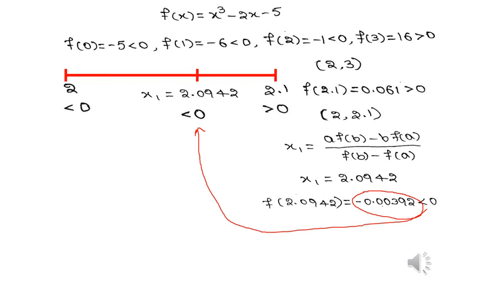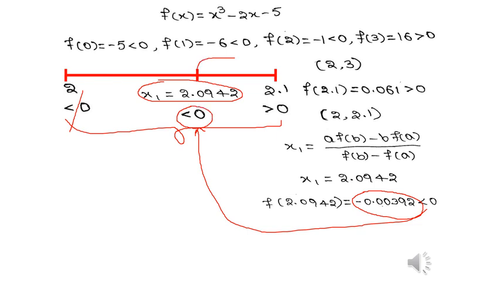Now we have to neglect one value and take only two values among these three values. So which should be neglected? Yes, this 2, for which the function value is negative, because we got one new value here for which the function value is negative, so that we can have the range even smaller.